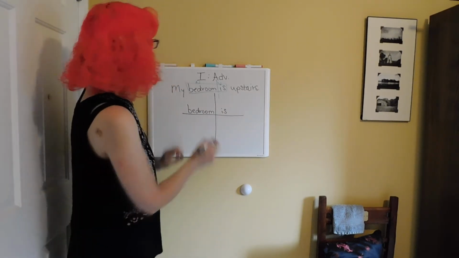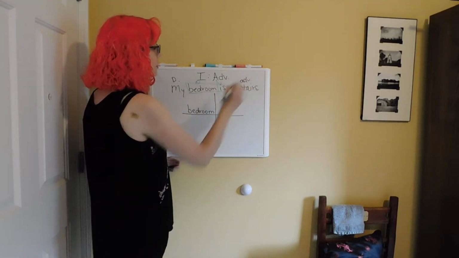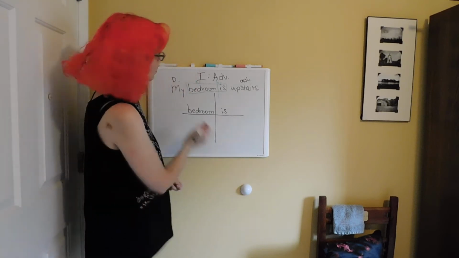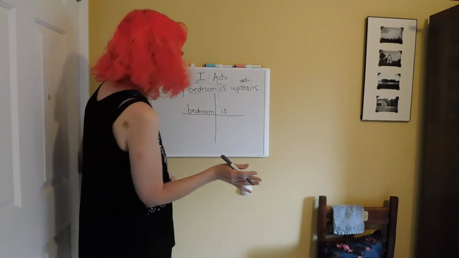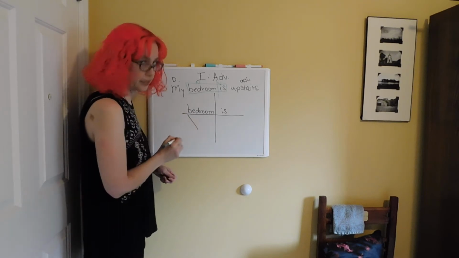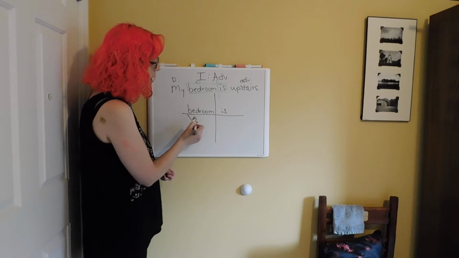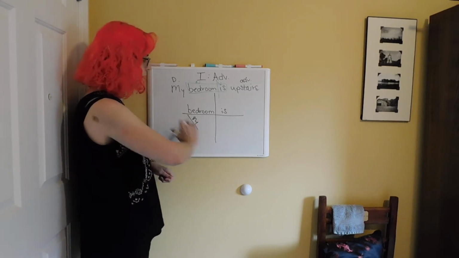Then you handle the determiner, my, and the adverb, upstairs. All determiners and adjectives in the first part of the sentence are always going to be on slanted lines. This indicates what word it belongs to. It's my bedroom. So slanted line, bedroom.